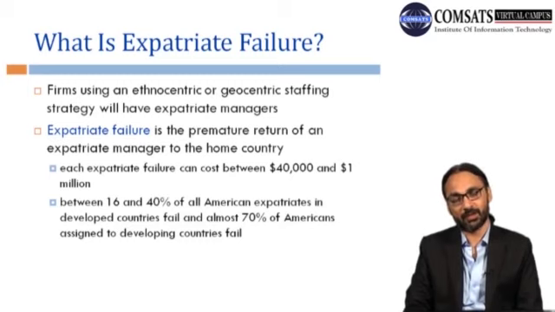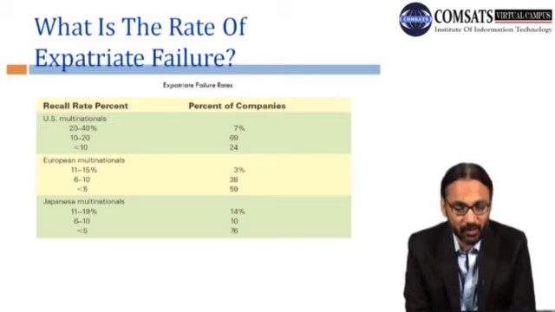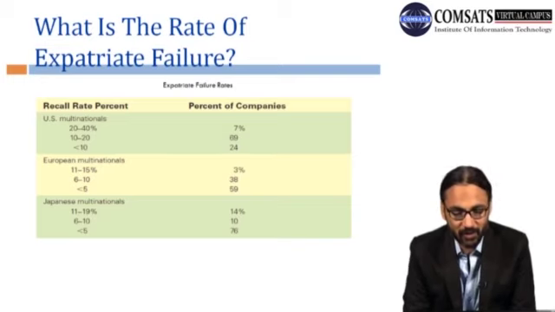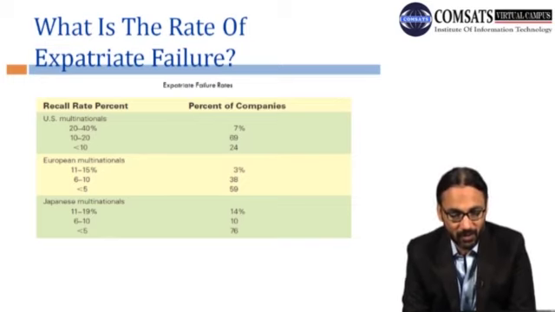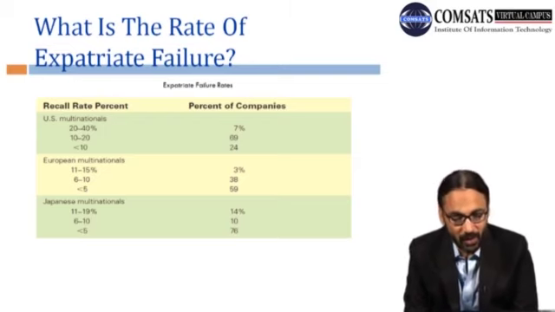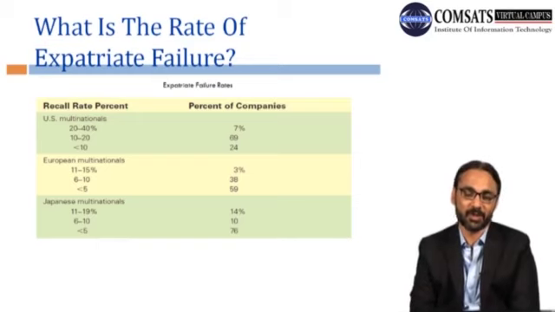And this percentage is up to 70% when these American people are going to the remaining developing countries. Recall rate percent: US multinationals 20 to 40%, of companies 7%, 10 to 20% is 69%, and similar goes for the... Now we are talking about the expatriate failure rate for the US multinationals and the EU multinationals and the Japanese multinationals.